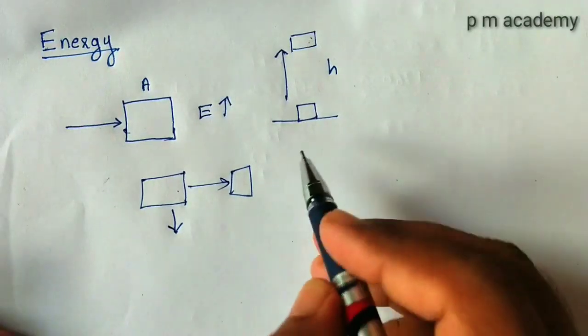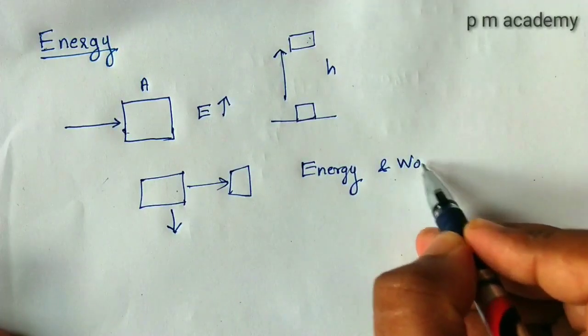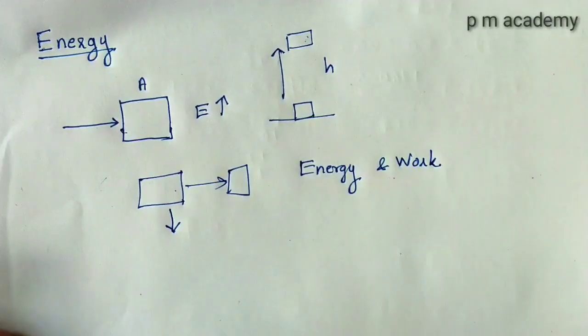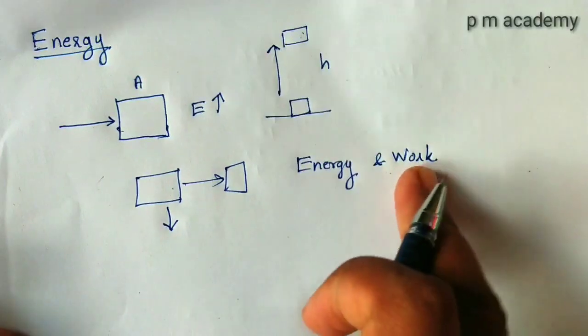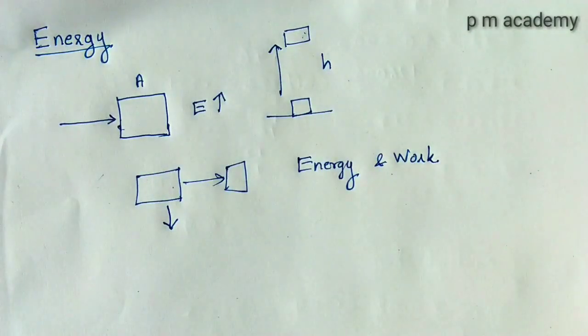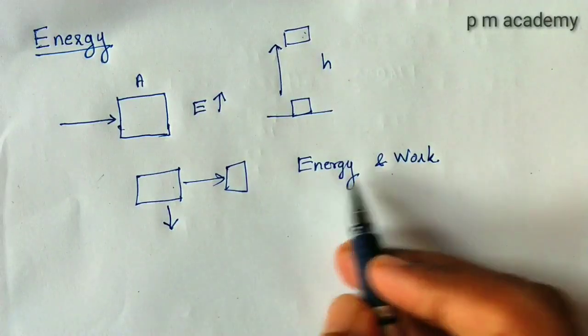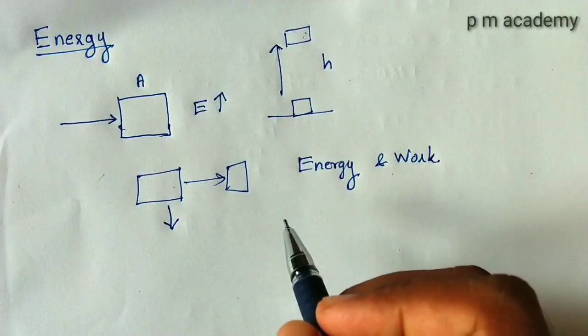That means energy and work are related to each other. If you are doing work, then your energy will decrease. If work is done on an object, its energy will increase. Therefore, energy and work are closely related.